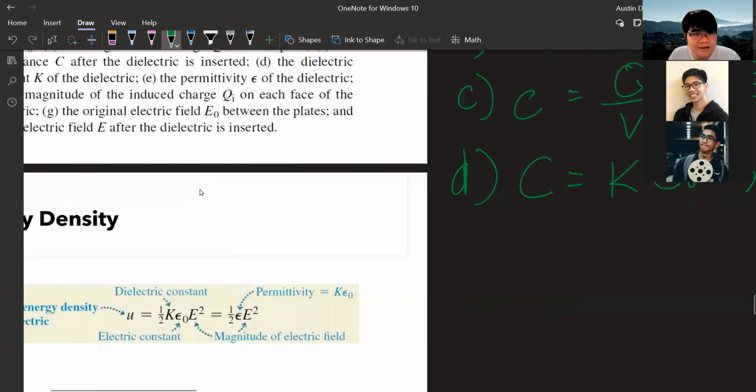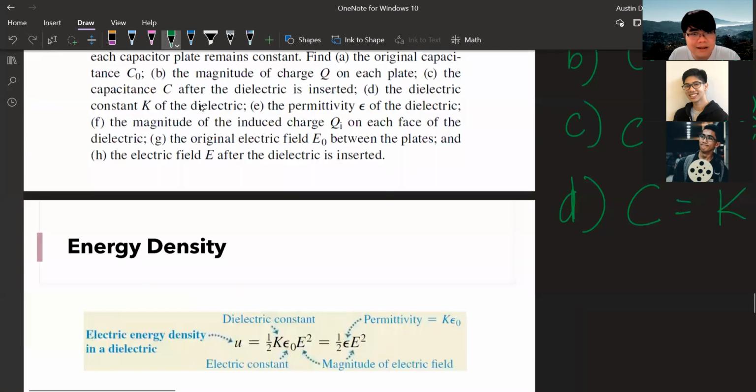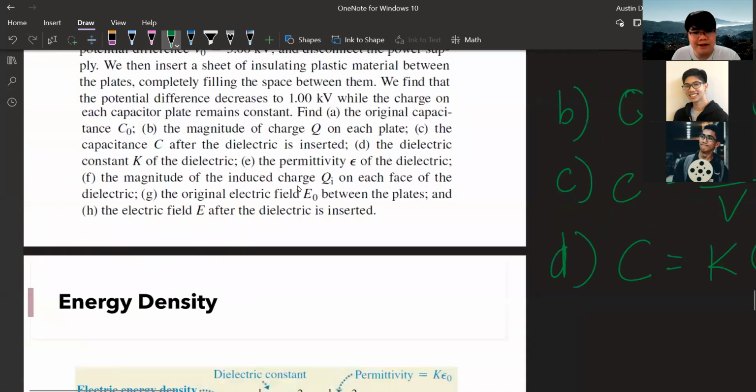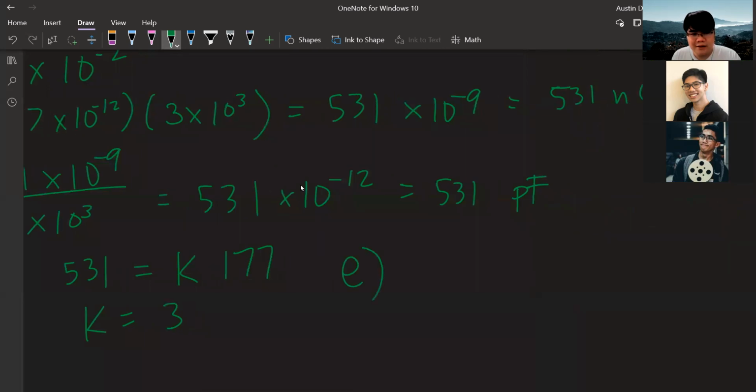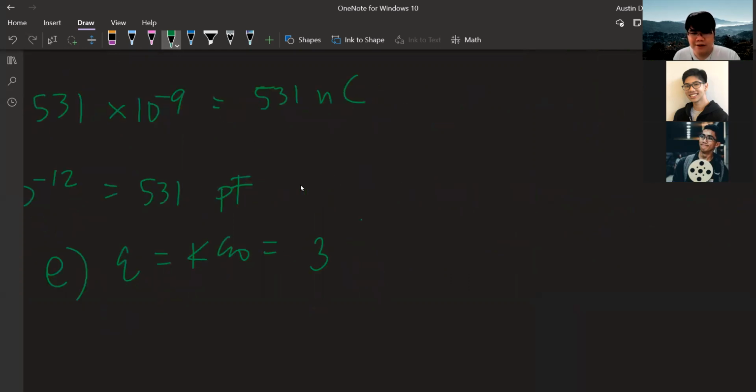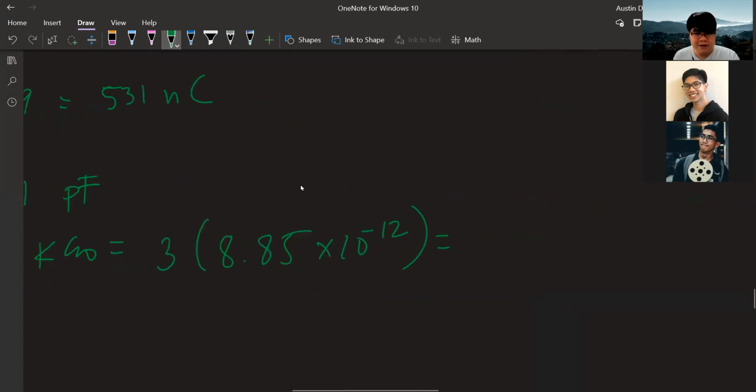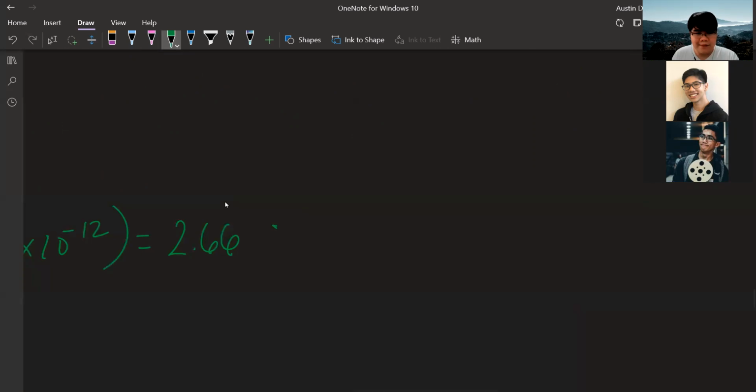Okay, so the dielectric constant must be K and the permittivity epsilon is K epsilon naught. So that's 3 times 8.85 times 10 to the negative 12. And this is, pangit naman ito, 2.66 times 10 to the negative 11.